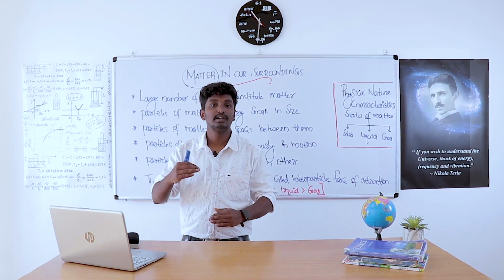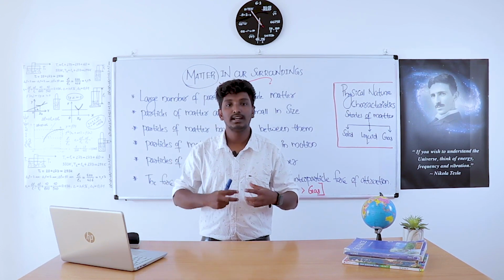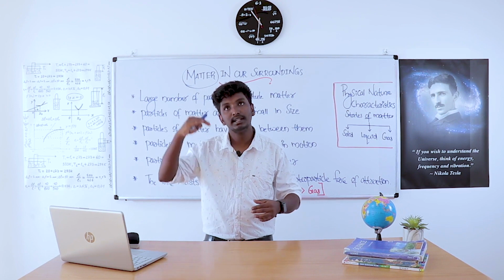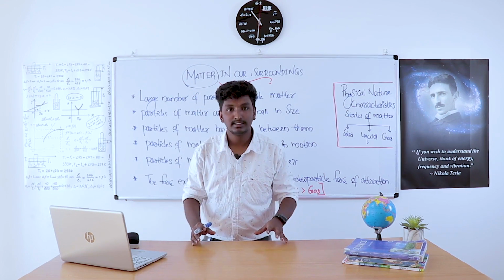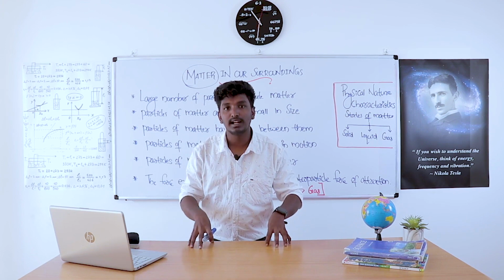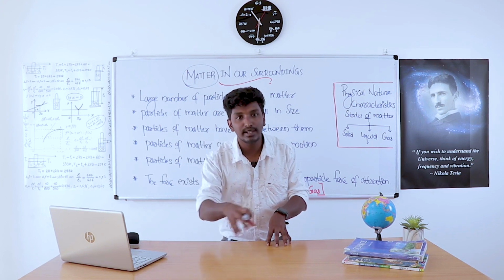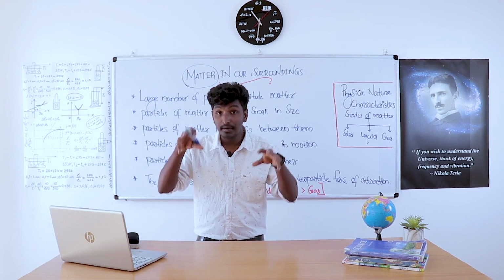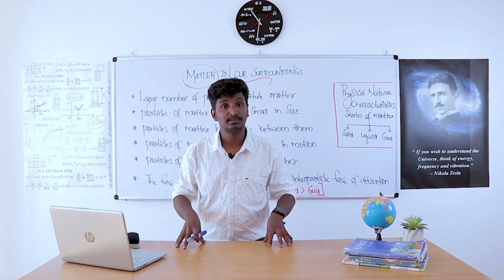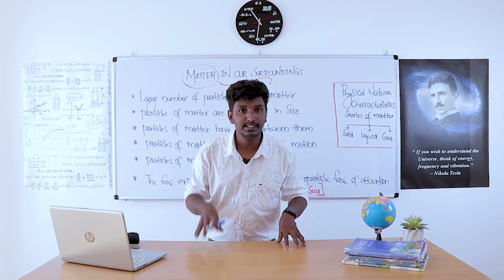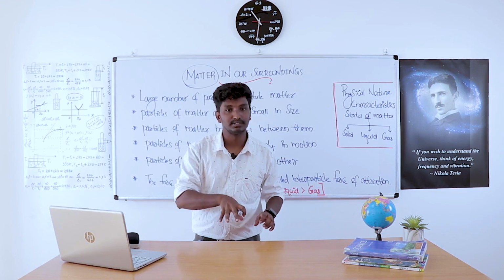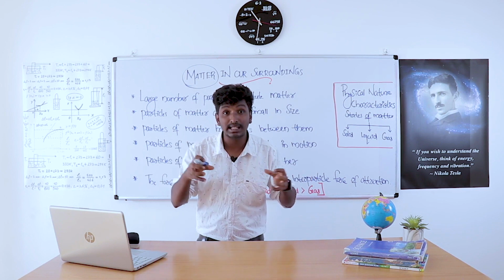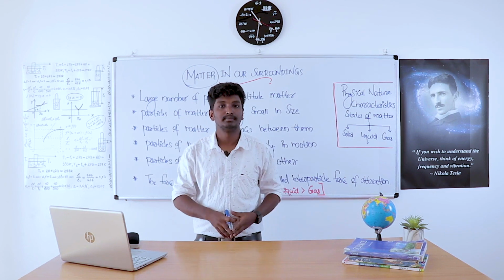After the foundation work, we construct the building upwards. All construction work has a foundation. Likewise, every object or substance has a basic building unit. That basic building unit is called the atom, and these atoms constitute matter.